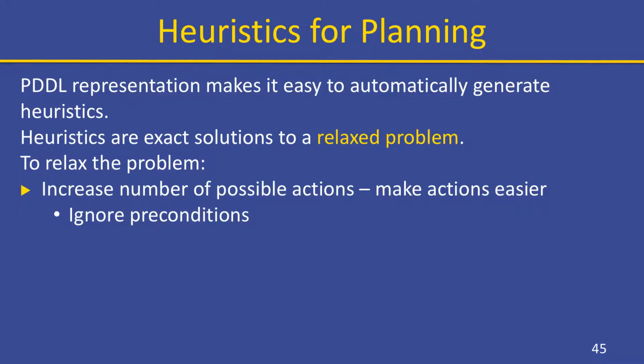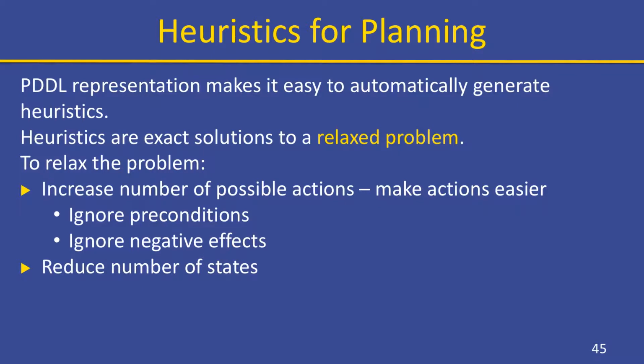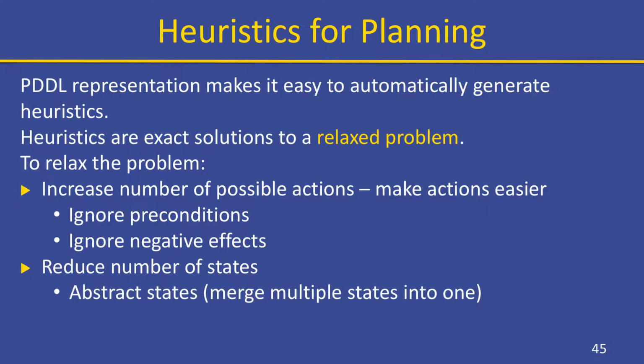We can ignore the preconditions completely or ignore negative effects. We can also reduce the number of states. We can merge multiple states into one. And finally, we can decompose the problem into two or more easier problems. So let's see how to do that next.